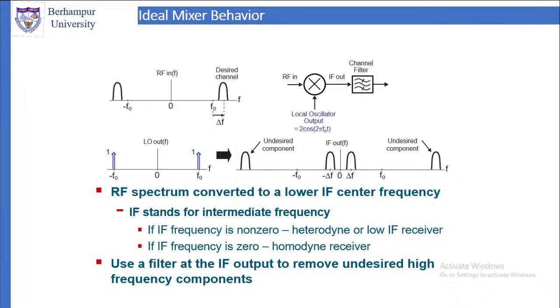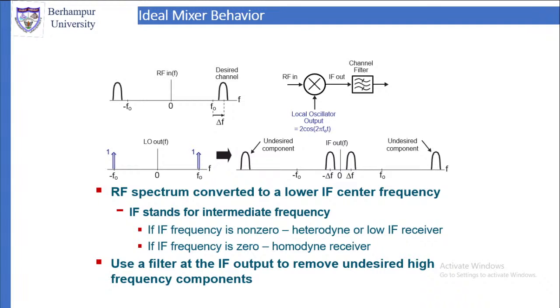From the local oscillator, we will get the frequency exactly at F0. You can see in the spectral diagram, the bottom left diagram, at plus minus F0 for the local oscillator there is the impulse, which is actually for cos.